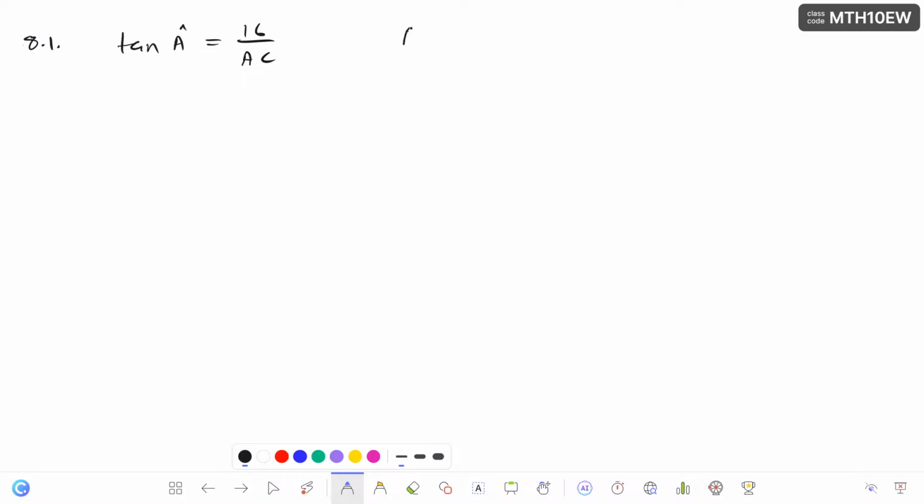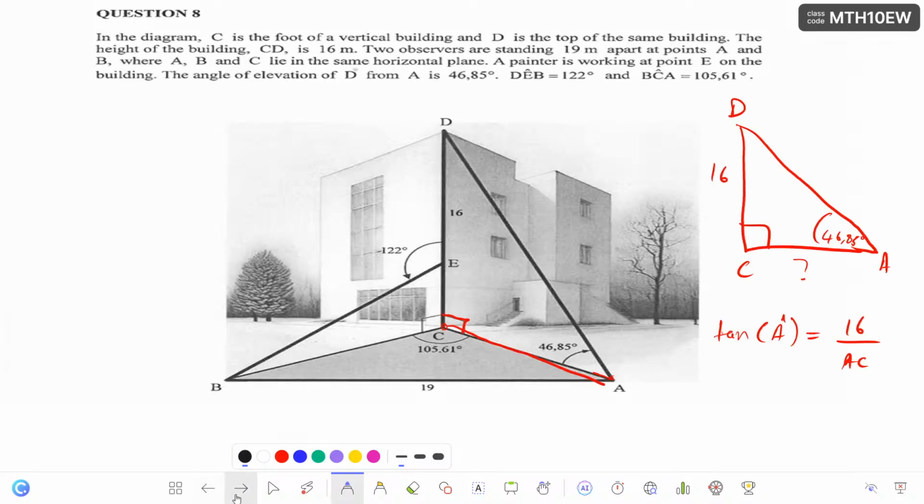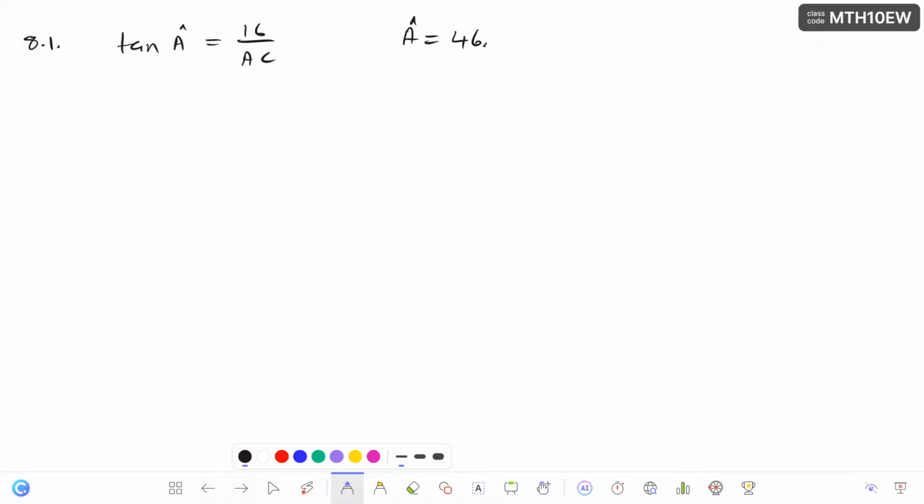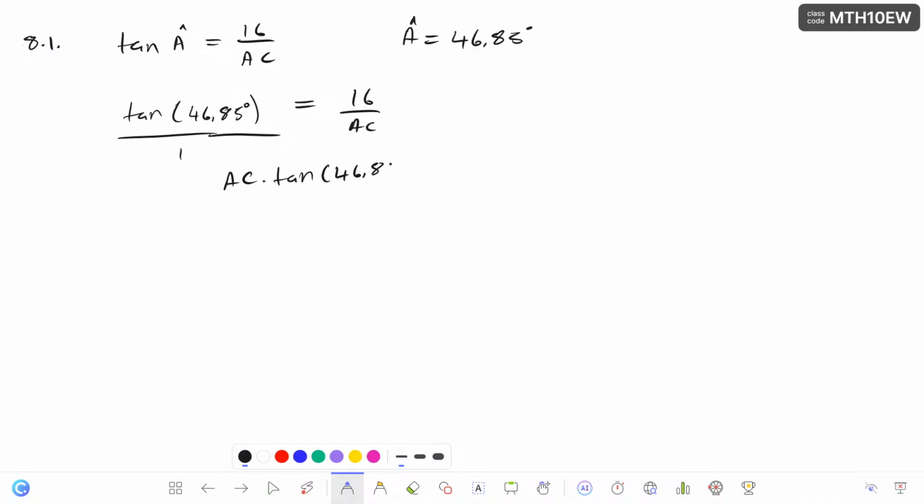When our angle A is given as 46.85 degrees, it's the same thing as tan 46.85 degrees equals 16 over AC. So cross multiplication gives AC tan of 46.85 degrees equals 16.